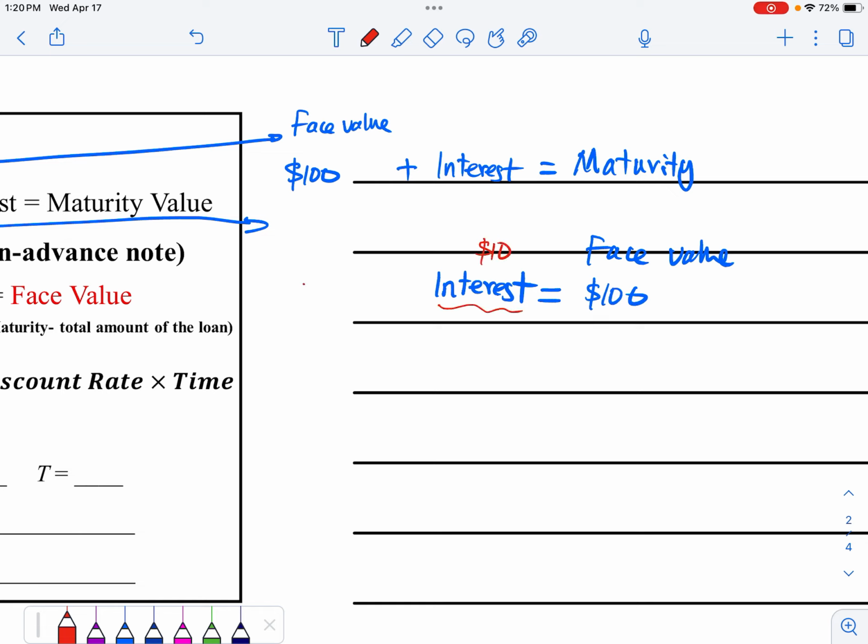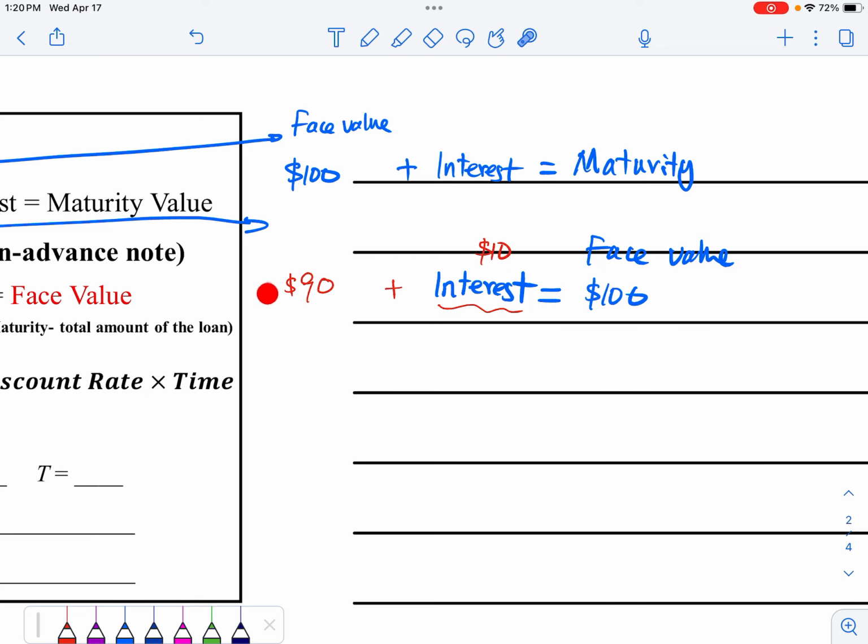Then you will only get $90, because $10 is taken away by the bank as interest. And a year later, how much do you have to pay back? You're going to pay back $100. So basically you get 90 and you pay back 100 in this case. This scenario is called the simple discount note. Discount means the interest. And this is called proceeds, how much you actually get.